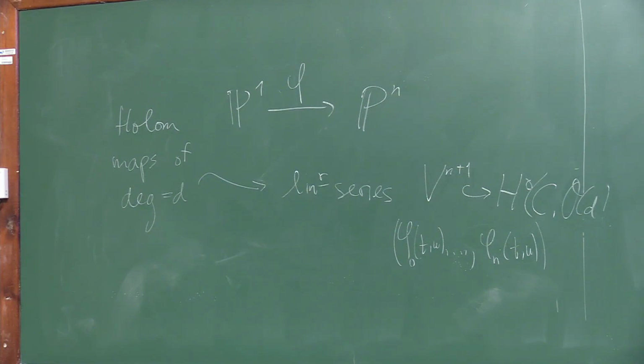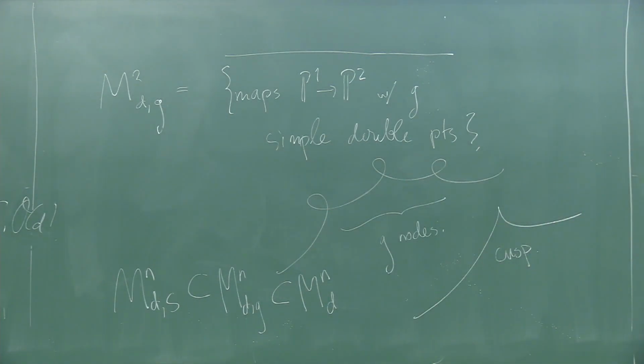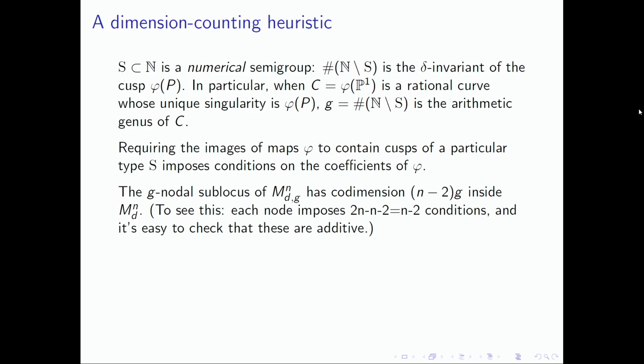OK, and for the heuristic now, I'm going to go back to the space of maps whose images have g nodes and just tell you, so hopefully this sounds credible, the codimension of that g-nodal sublocus is always (n minus 2) times g. And the reason is that if you fix a choice of node, it's easy to work out in coordinates using very naive linear algebra that the node imposes 2n conditions if you fix the preimage and the support of the node in the target.